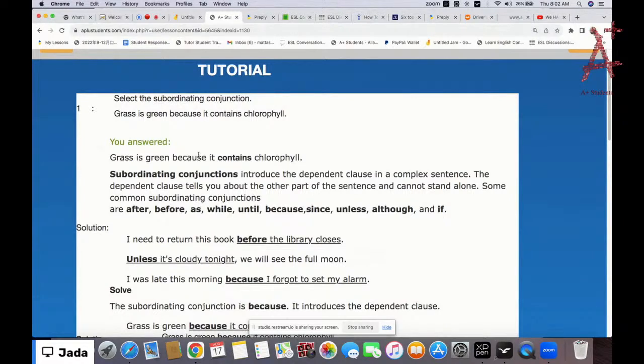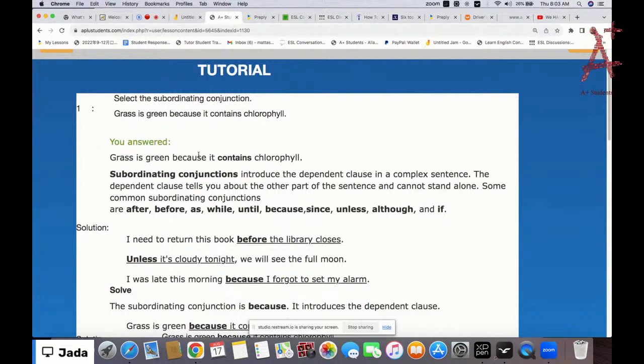All right, so let's go over it again. Subordinating conjunctions introduce the dependent clause in a complex sentence, and the dependent clause tells you about the other part of the sentence and cannot stand alone.